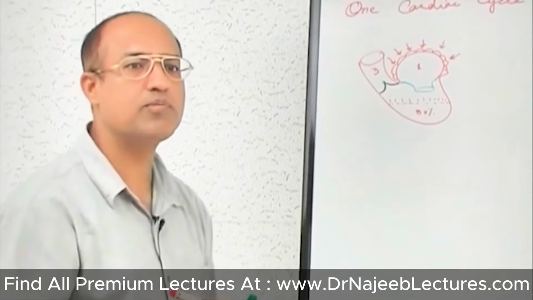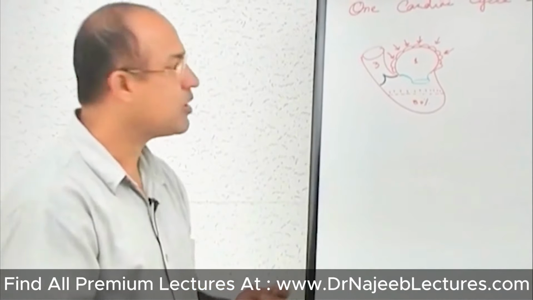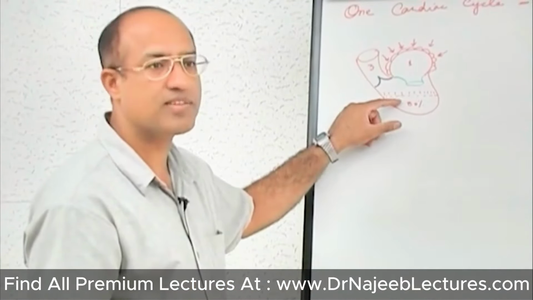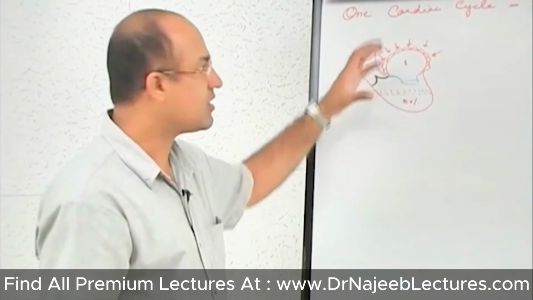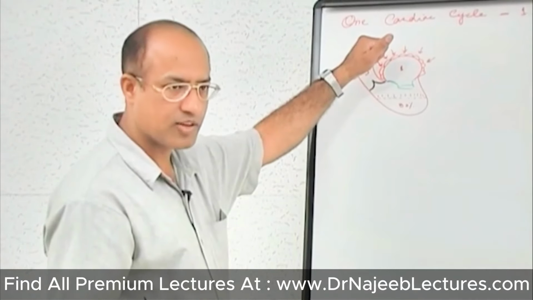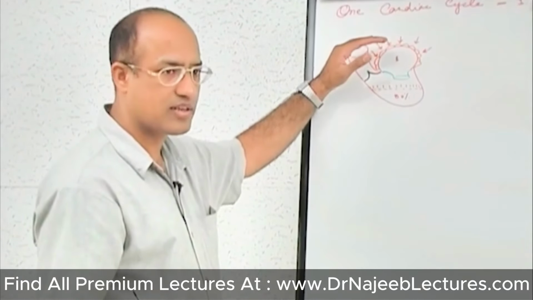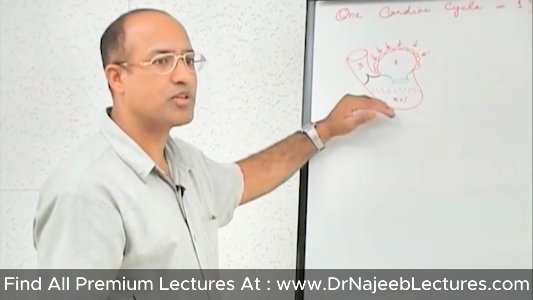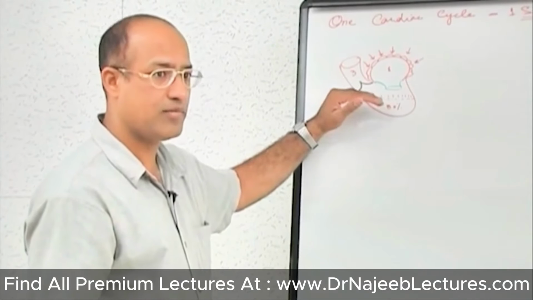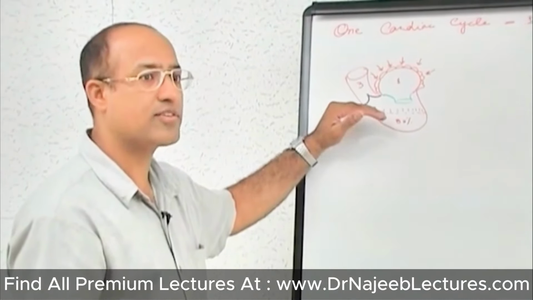Now this point is very important. As I told you, 80% of ventricular filling is passive. It does not require atrial effort. It means if someone has atria which are mechanically not working, still 80% of ventricular filling will be done and the patient will not suffer significantly.